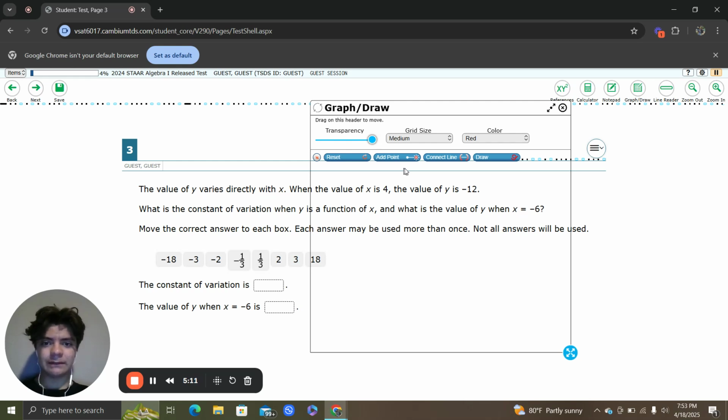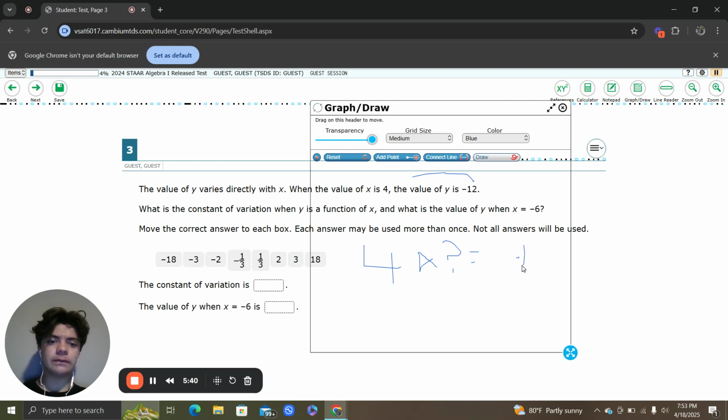But it's multiplying because this is a constant variable. So what you want to do is I'm going to draw in red or black. Draw this. So what 4 times what is equal to negative 12?